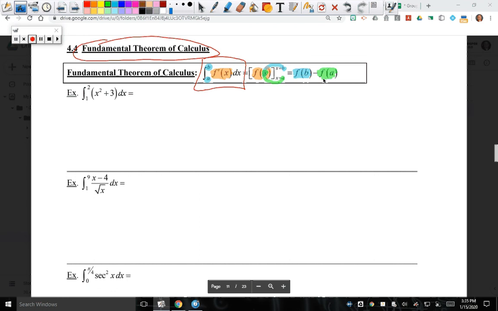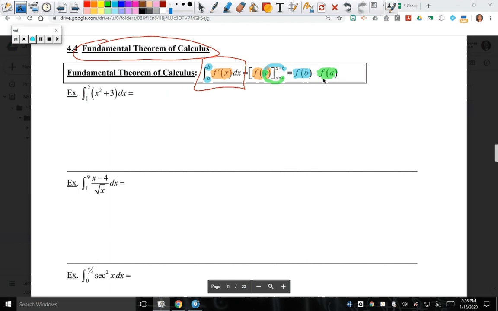Can someone tell me why? Final minus the initial, aka displacement, aka accumulation of change or change in position.